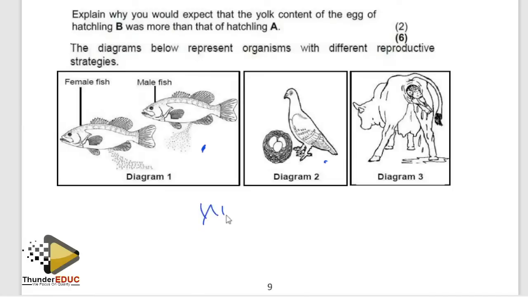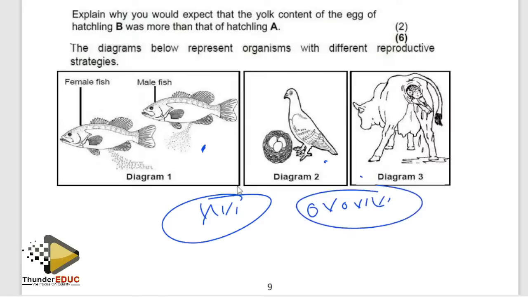Obviously, if it is viviparous, there is no way it's going to be external. If it is ovoviviparous, there is no way it's going to be external. Why? Because the development is inside the mother's body.